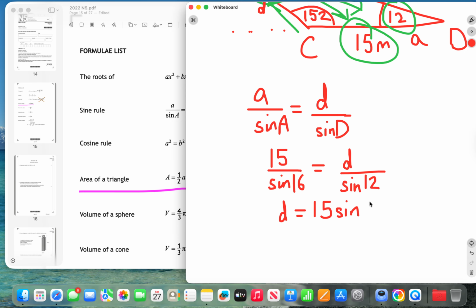It gives us 15 multiplied by the sine of 12 divided by the sine of 16. And the answer we get, if we plug that in, make sure to use degrees and not radians, would be 11.31441.